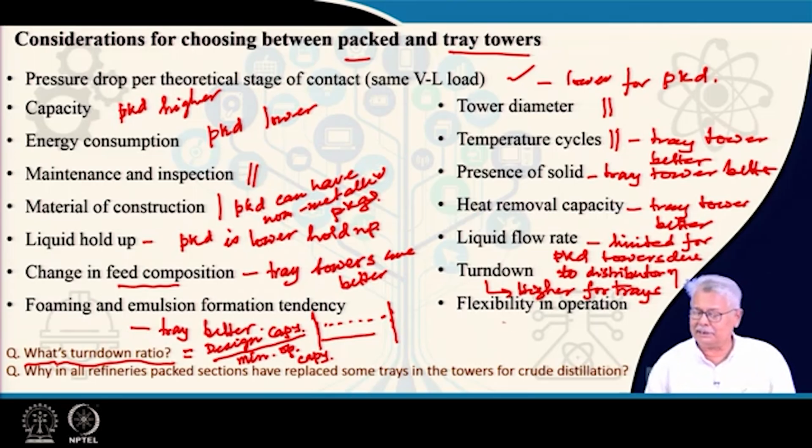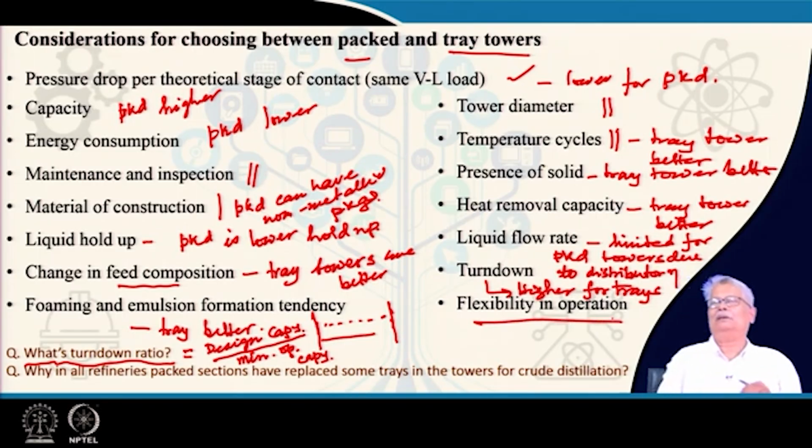Now, regarding flexibility in operation, if you are asking me, I will say that the flexibility in operation is fairly okay, in the sense that particularly if I have a higher turn down ratio, my flexibility would be more, because I can operate over a large capacity range without much loss in efficiency of contacting.